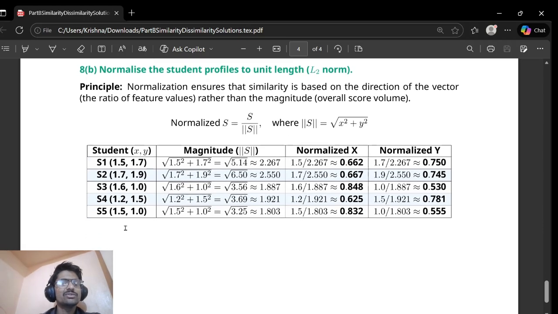So here is the student data, and we calculated the magnitude using this formula, which is 2.267 for S1, 2.550 for S2, and all magnitudes are there for all the students. Normalized x is 0.662, 0.667, and so on, and normalized y is 0.750, 0.7452, 0.555.